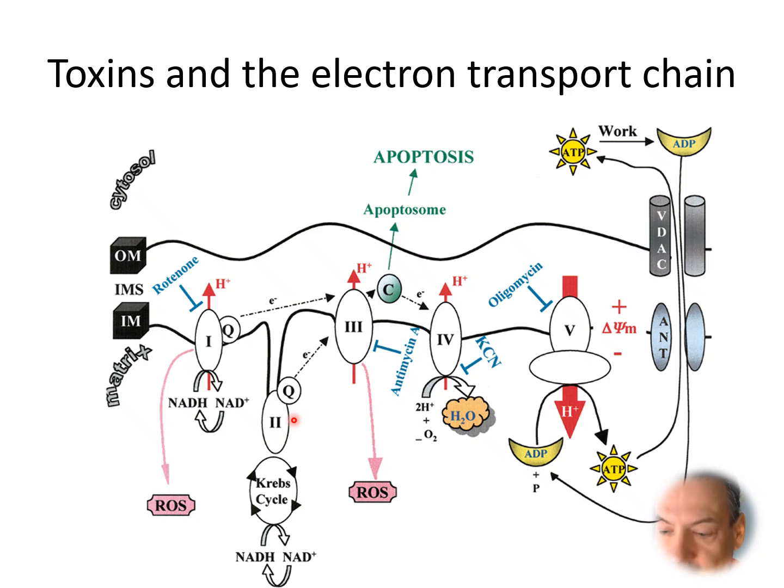Now, different toxins are going to affect different parts of the chain. And remember that all the cytochromes, 1, 2, 3, 4, effectively are going to be pumping protons into that intramembrane space that then falls back through ATP synthase, and we generate lots of ATP from ADP, and we've got oxygen being used as your terminal electron acceptor. Different toxins can affect different parts of it.